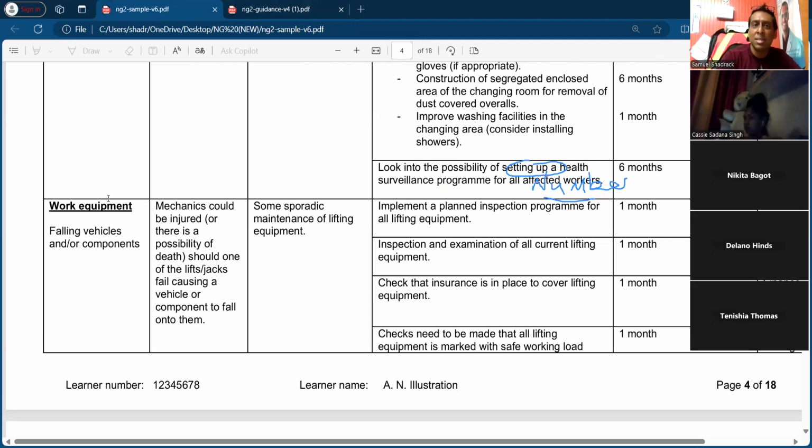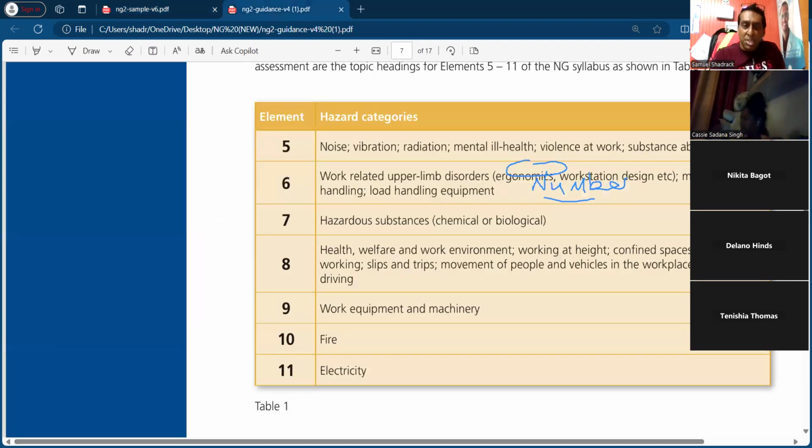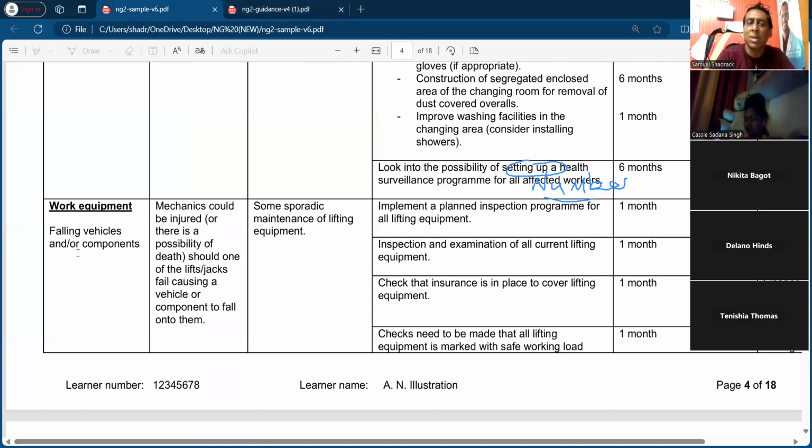If you follow the guidance, which clearly says the hazard is work equipment and machinery, then you avoid the wrong things. This is one that a lot of students get confused with, because they saw it on the sample. But the sample is not the guide. The guide is the guide. The sample is just an example for you to follow.